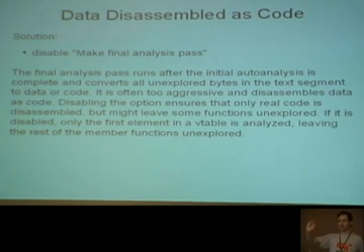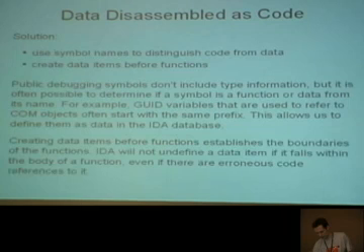And if it doesn't see these function pointers, it's not going to see the functions that they point to either. And since there are no direct calls to these functions, it might not even reach that code. So that's not an ideal solution, but it can help if you're really having problems with data disassembled as code.